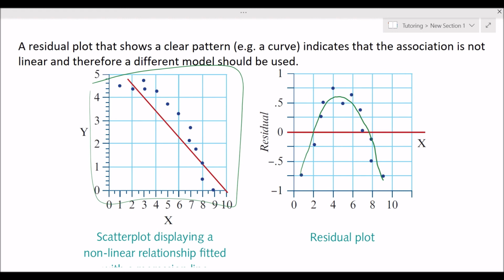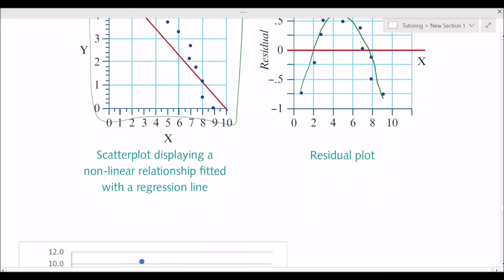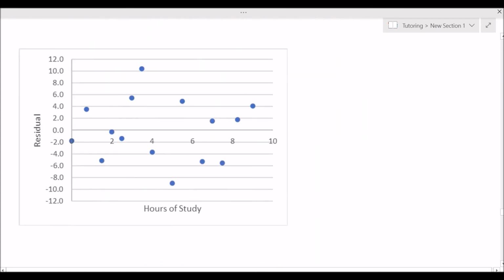Okay, so that step, constructing the residual plot, is to check for that assumption. Okay, so going back to the residual plot that we just made, you can see it is displaying random scatter, so therefore it is appropriate to use a linear model to analyze this data. Okay.